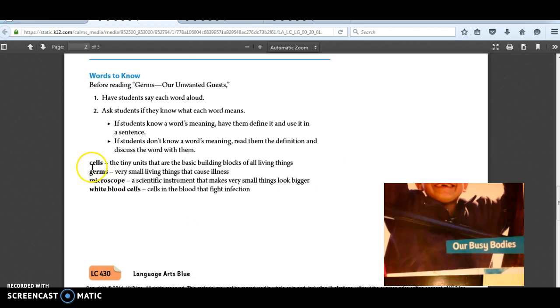The words that you will see in the article that you need to go over with your student are the word cells, the word germs, the word microscope, and the words white blood cells. So you can go over these words and the meanings with your students so that they will be familiar with them before you begin reading the article.